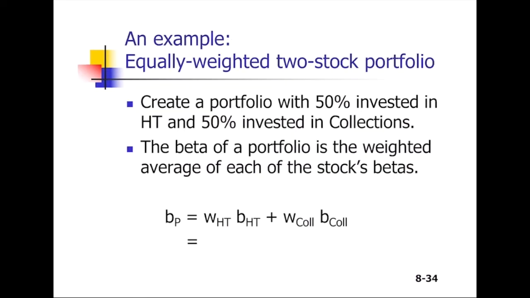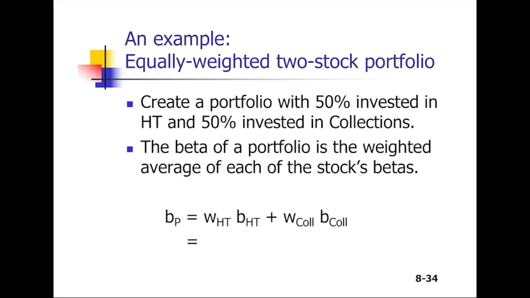So as we learned before, we can buy 2 or more stocks. So the most important concept is beta of the portfolio. How to calculate the beta of portfolio? Okay, for example, if we create a portfolio with 50% invested in HT, high-tech company, and 50% invested in collection agency.